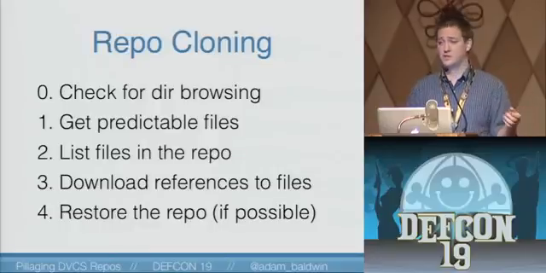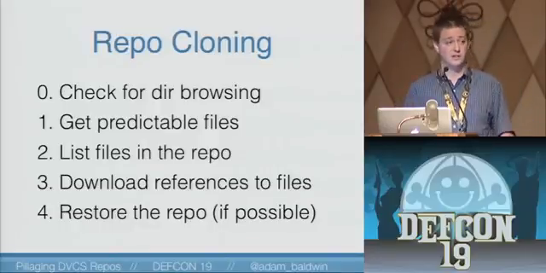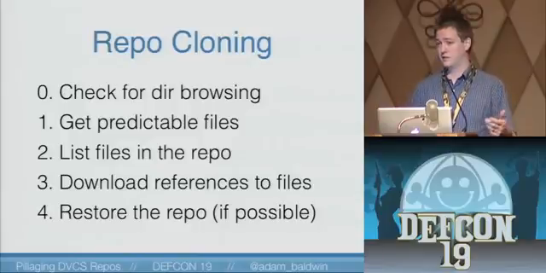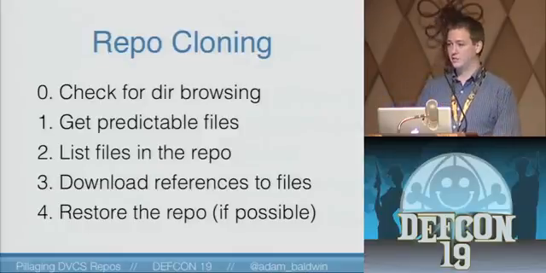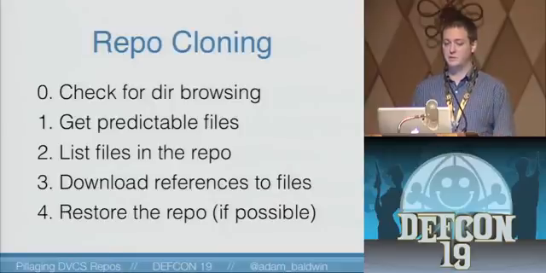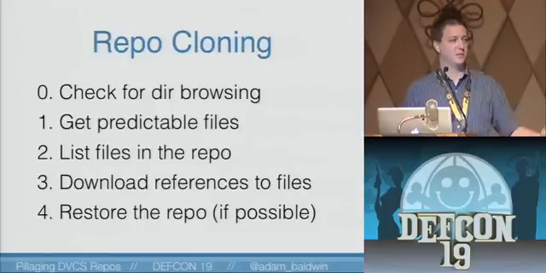First thing you need to do is check for directory browsing. If directory browsing is enabled on the site, it's game over. You can simply wget the .git directory and then restore the repository. Git reset hard, and then you've got your contents. You got the source code, you get the entire tree. If that doesn't work, barring that, we need to get the predictable files.